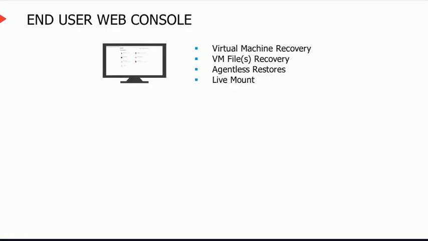The CommVault web console can be used to recover a virtual machine or files from a virtual machine by their owners. Users can restore small files and folders to a virtual machine that they own without requiring that the virtual server agent be installed on the destination VM.